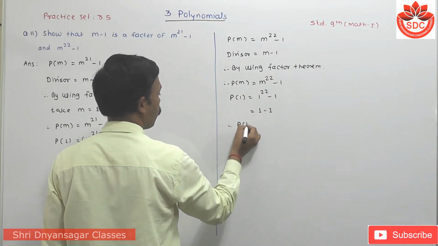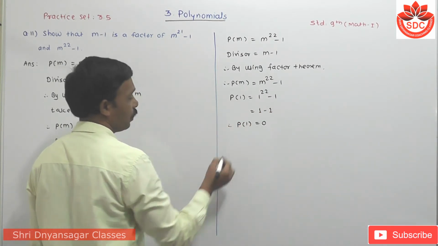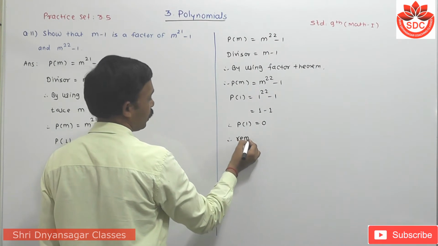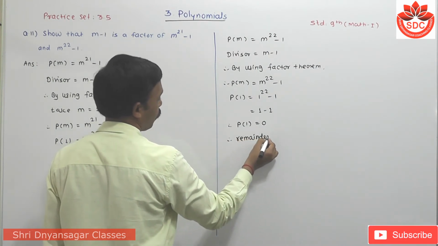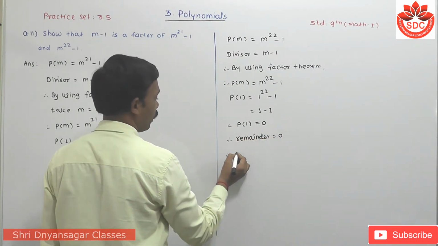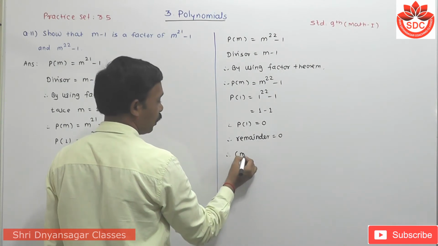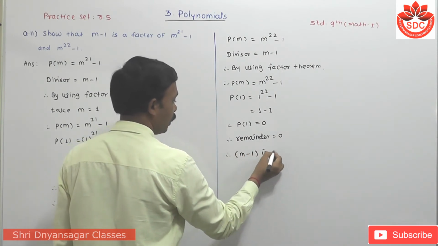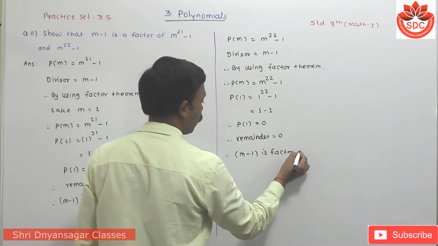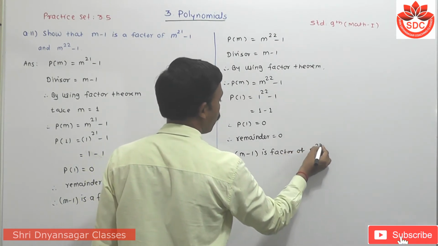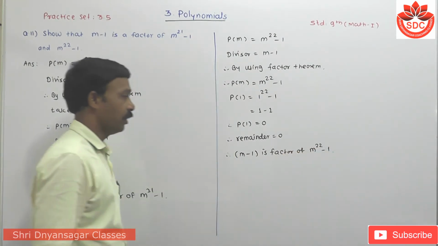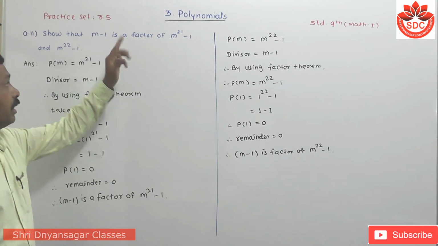Therefore, p of 1 equals 0, means the remainder is 0. Therefore, by the factor theorem, if the remainder is 0, then m minus 1 is a factor of m raised to 22 minus 1.